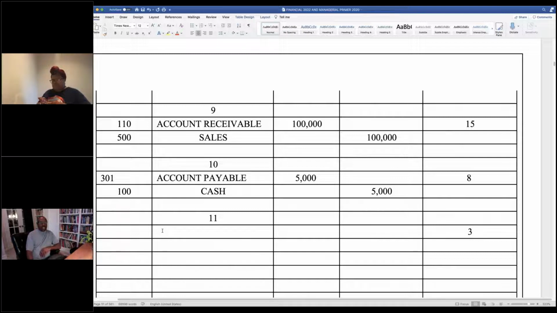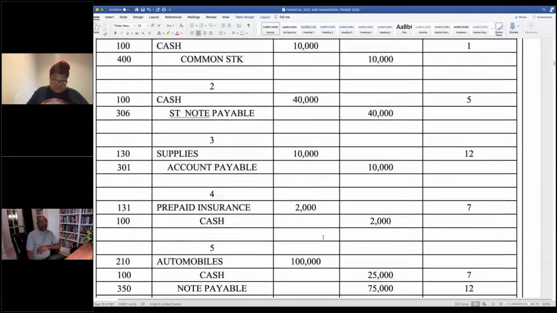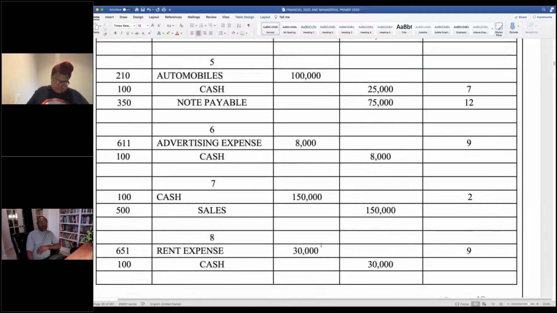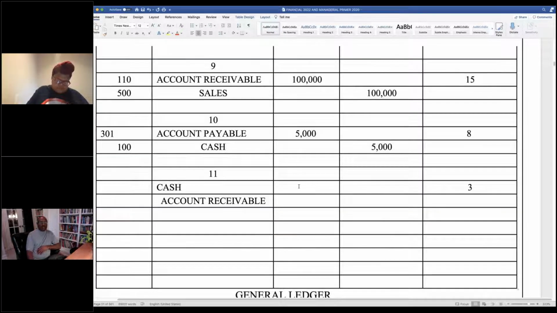So in a type 3, what do you debit? Cash. What do you credit? Accounts receivable. So when we do the work, we recognize the revenue. And then down the road, when the cash is collected, how much cash did we get? 50,000. Then we're going to put it in here.